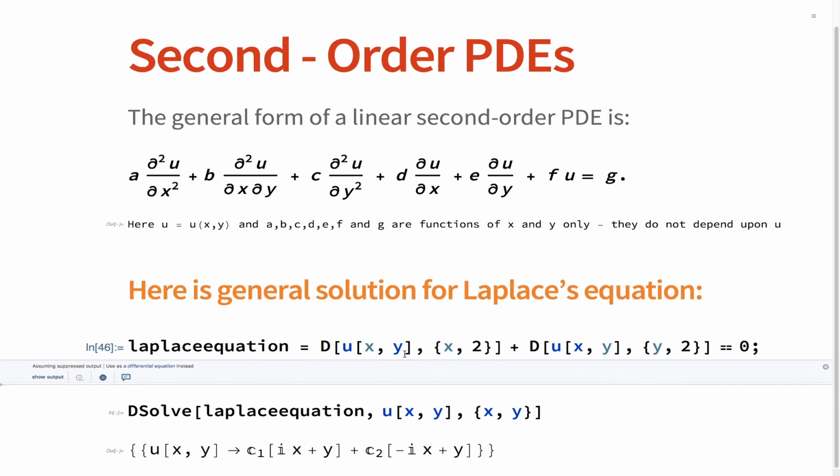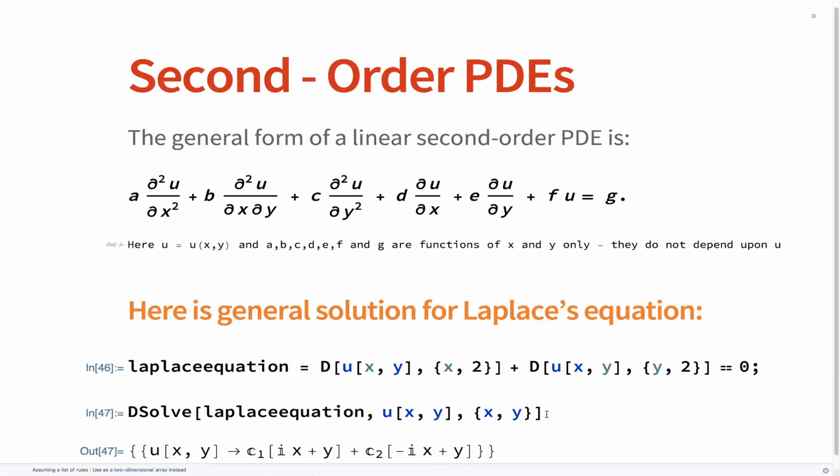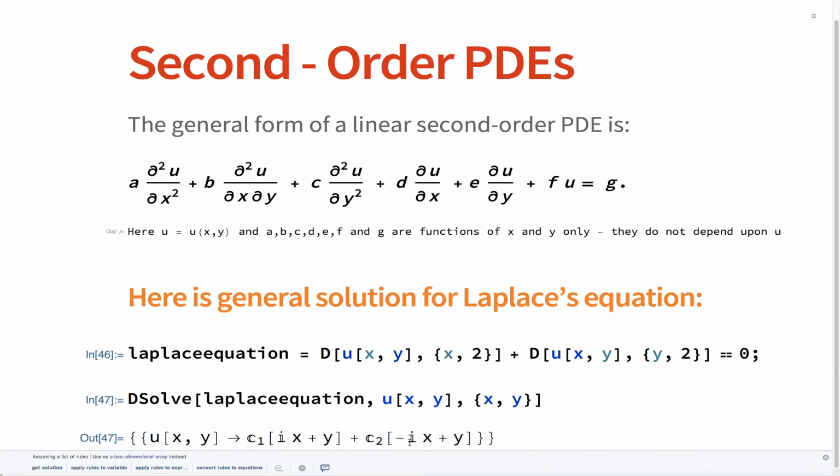So we define the equation, and then we can use the DSolve on this equation to solve for PDE values. And you see that the general solution here contains two arbitrary functions, C1 and C2. So the arguments of these functions, like y plus I of x and y minus I of x, indicate that the solution is constant along the imaginary straight line.